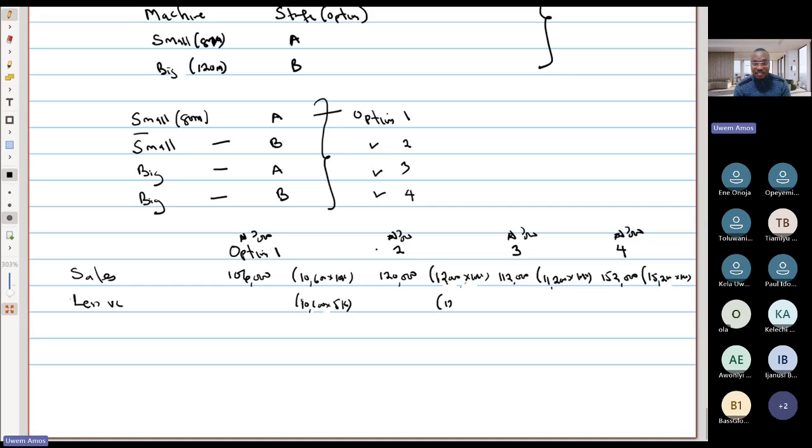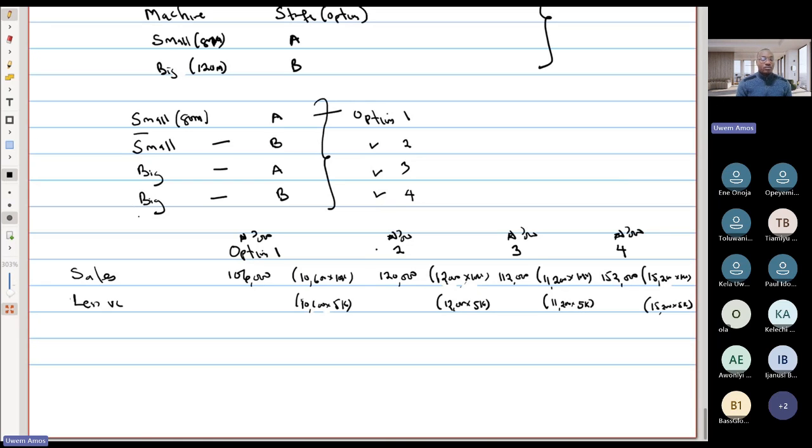For this one, it is 12K multiplied by 5K per unit. For this one, it is 11.2 multiplied by 5K per unit. And for this one, it is 15.2 multiplied by 5K per unit.